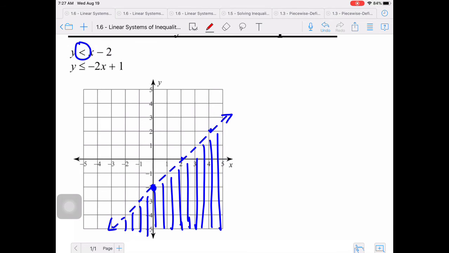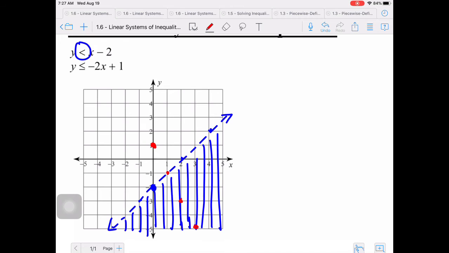Now, the second inequality is y is less than or equal to negative 2x plus 1. So again, let's go ahead and graph it as if it was a regular equation. So my y-intercept is at 1. My slope is going to be negative 2, which means that I'm going to go down 2 over 1, down 2 over 1, and down 2 over 1.